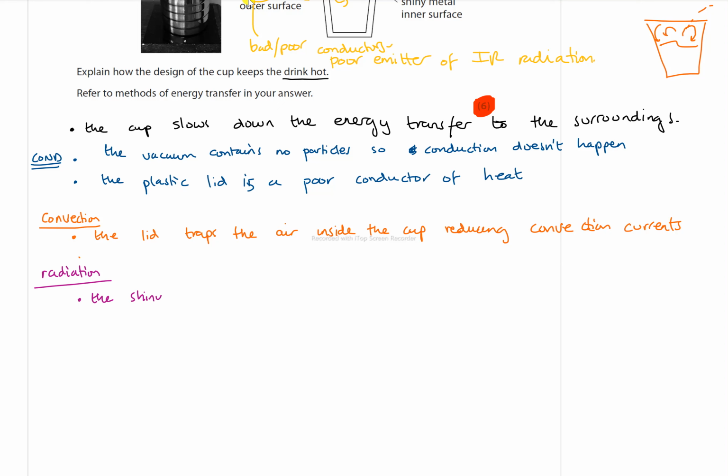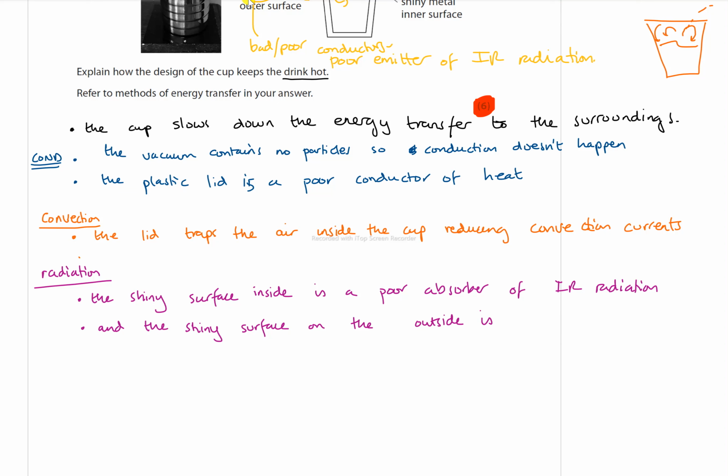The shiny or the silver or the white, the shiny surface inside is a poor absorber of infrared radiation or thermal radiation, and the shiny surface on the outside is a poor emitter of infrared radiation, so heat loss is reduced.